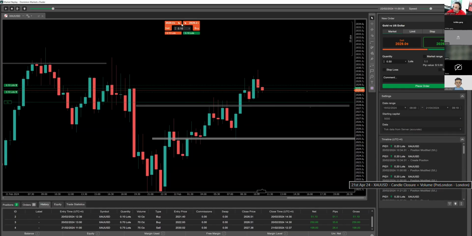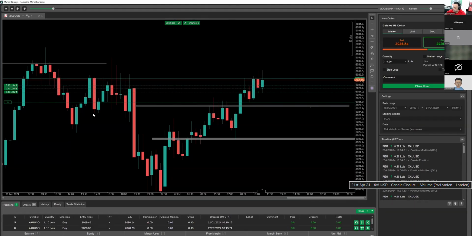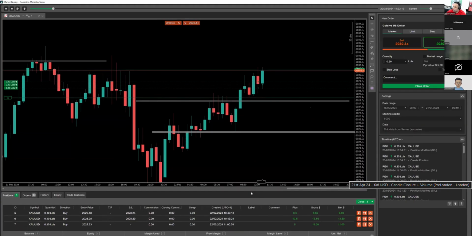Even if I take another buy right over here, it doesn't make a difference. Well, can't move the stop loss here, but you get the point, because this is dynamic risk. So go through the section on dynamic risk and static risk, and you'll learn the difference between the two, and how to manage risk at the same time too.